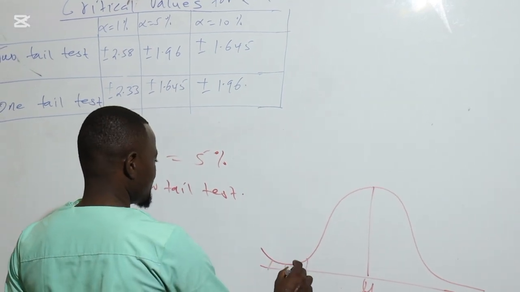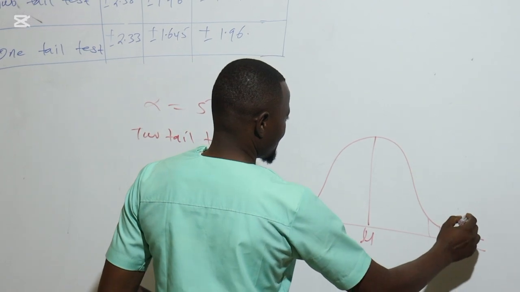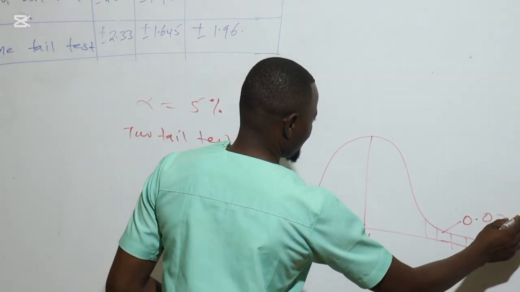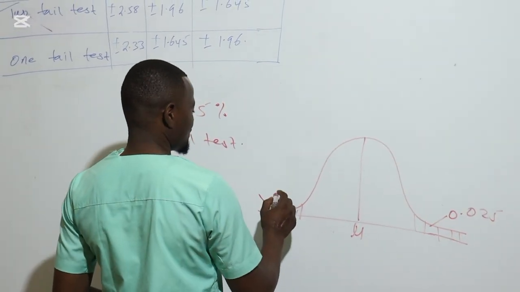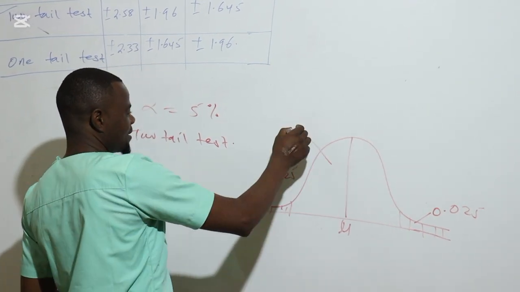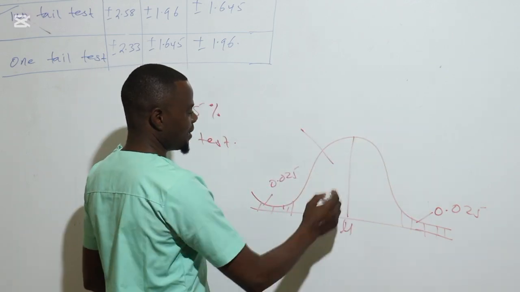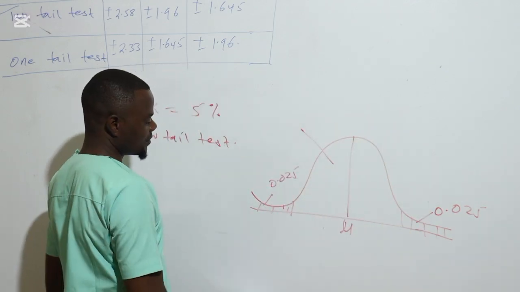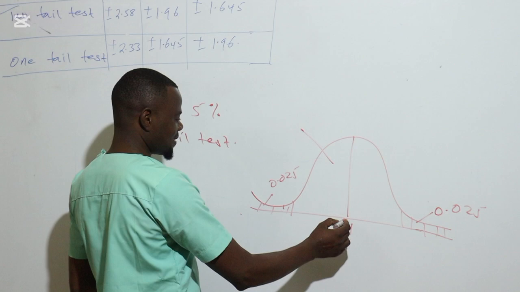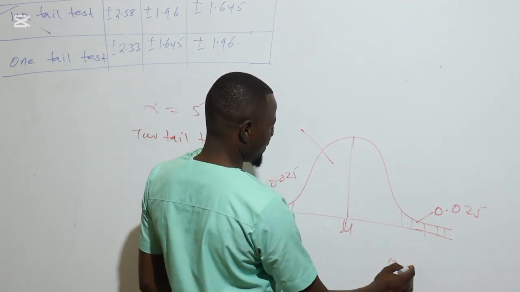Since you are performing a two-tail test, 5% divided by 2 gives you 0.025 in each tail. Remember the total area should be 1 and mu divides it into 2 equal parts. From the left up to the center is 0.5, and from the center up to the right is also 0.5.